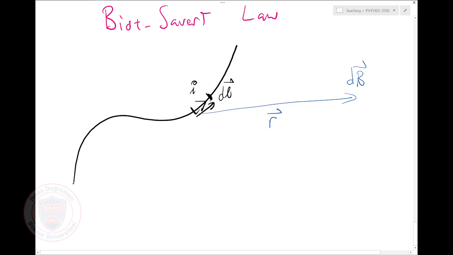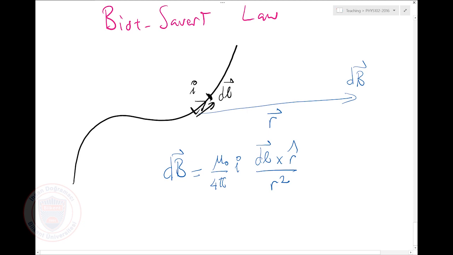Here is the length vector from dl to r. The magnetic field created by this small section is mu 0 over 4 pi times I times dl cross r hat divided by r square.